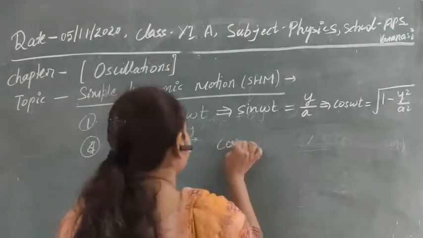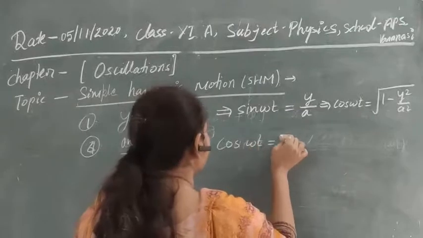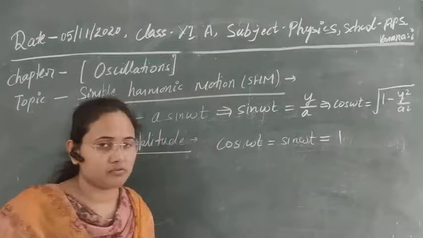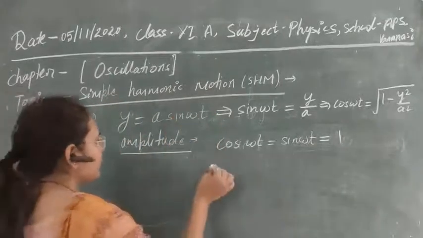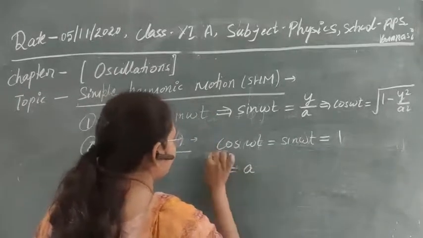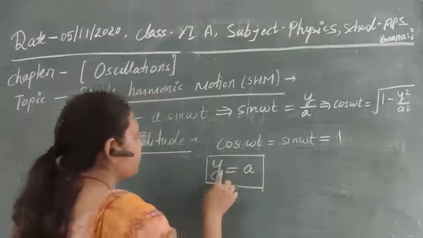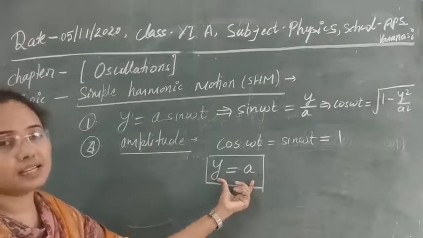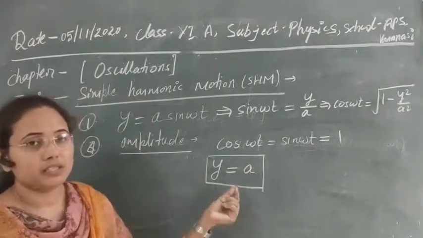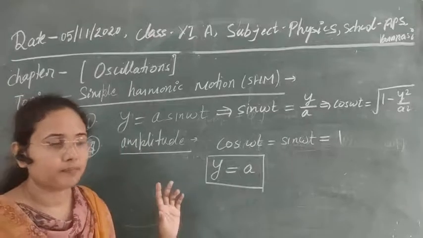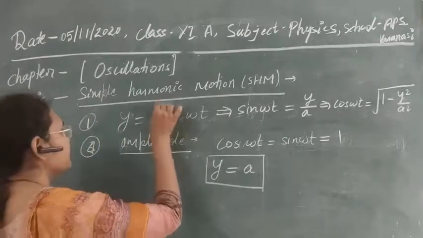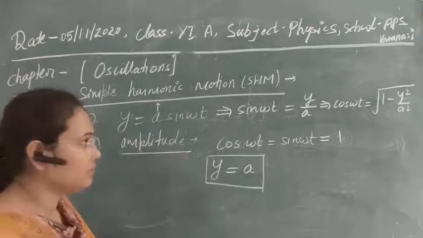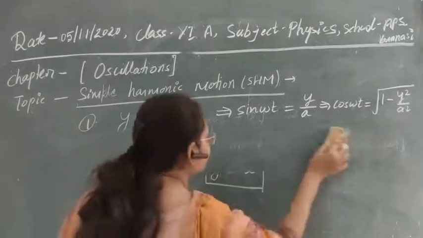As you know, the maximum value of cos or sine is +1. So after putting this, we can calculate the value of amplitude. This value of amplitude is equal to a. This is the maximum displacement that is possible. In this equation, this factor represents the amplitude of the motion. I just wanted to tell you.